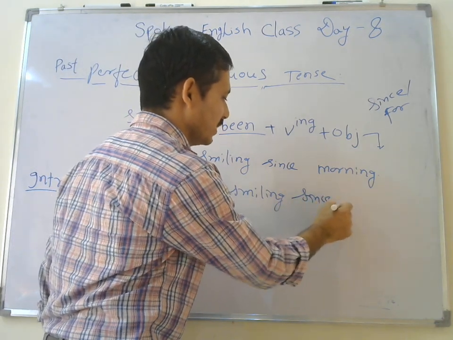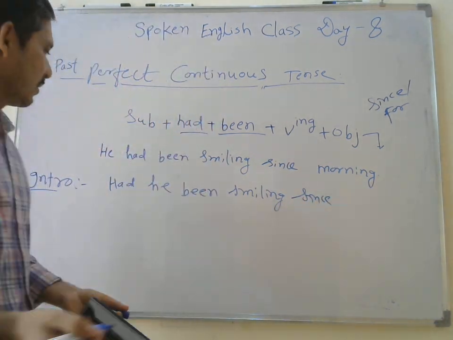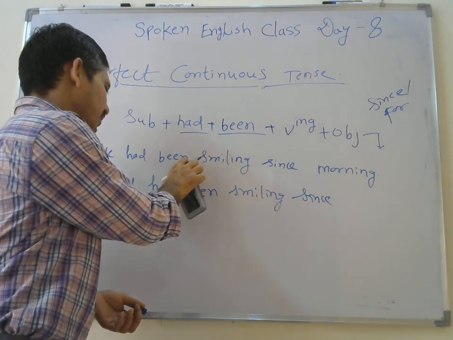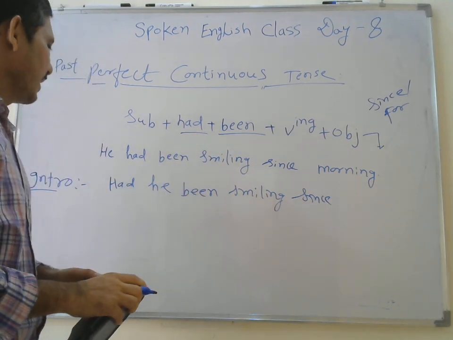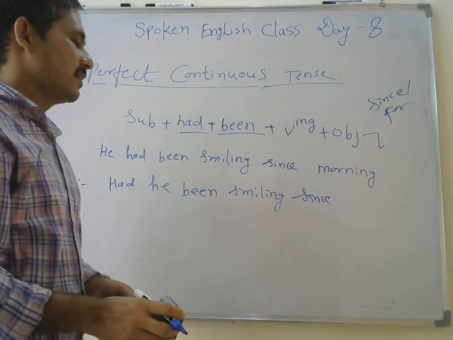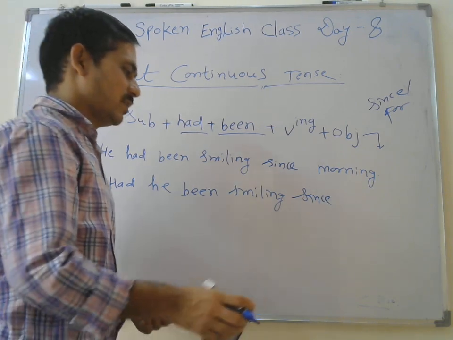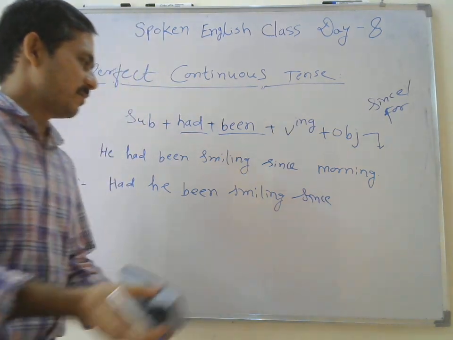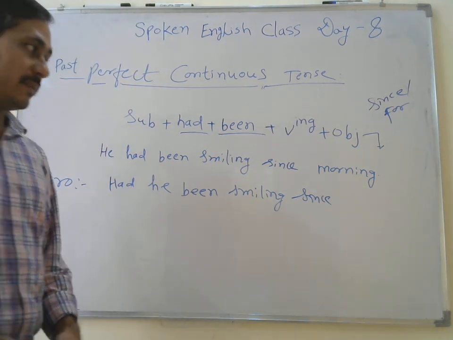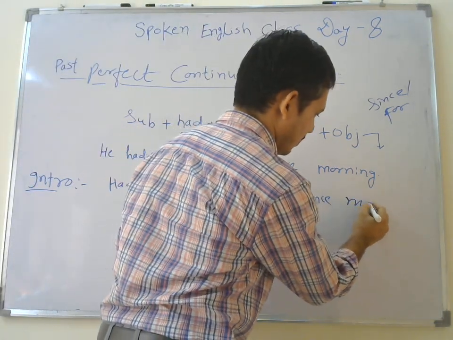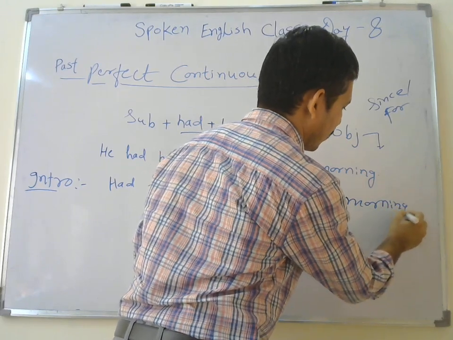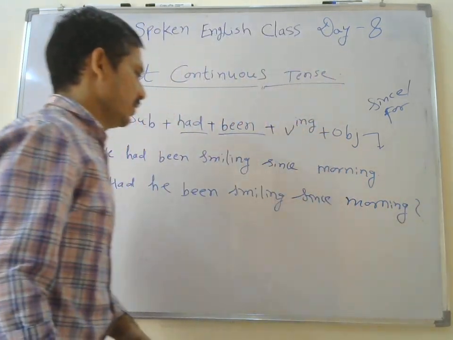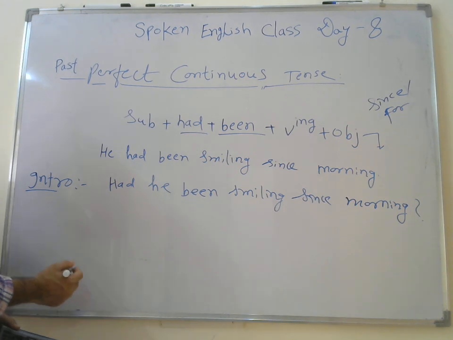There was some story, and the narrator was telling that he had been smiling since morning. So the person who was listening to the story was maybe asking, had he been smiling since morning? Okay, so this is your interrogative sentence.